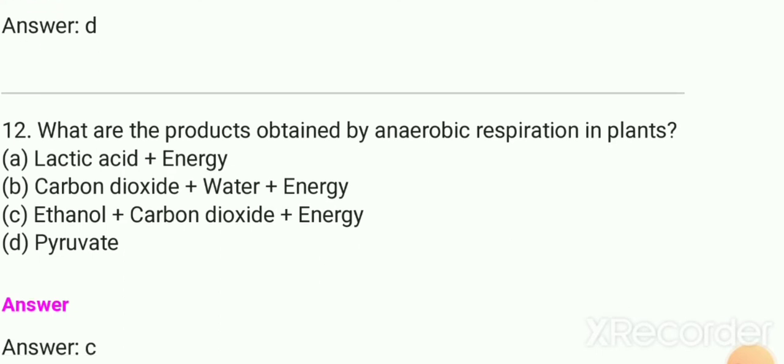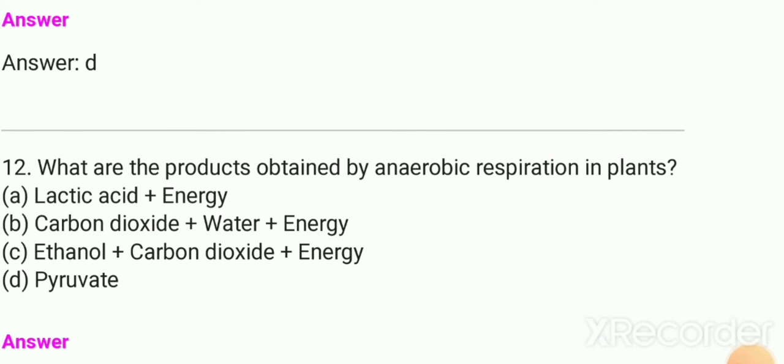What are the products obtained by anaerobic respiration in plants? If a plant does anaerobic respiration, that is respiration in the absence of oxygen or little amount of oxygen, then it is called anaerobic respiration.